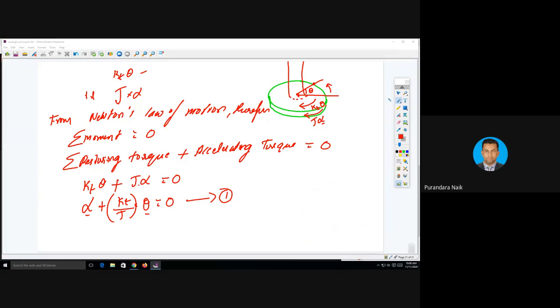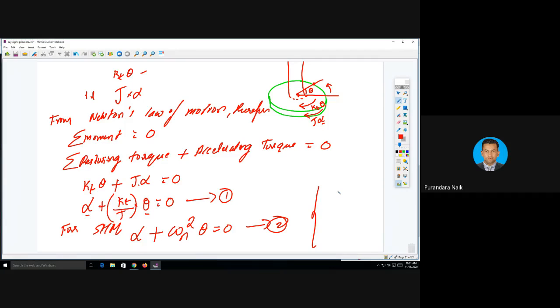Next equation. For SHM, we have the equation alpha plus omega n square into theta is equal to 0. That is equation number 2. Why have we taken alpha plus omega n square into theta equal to 0?